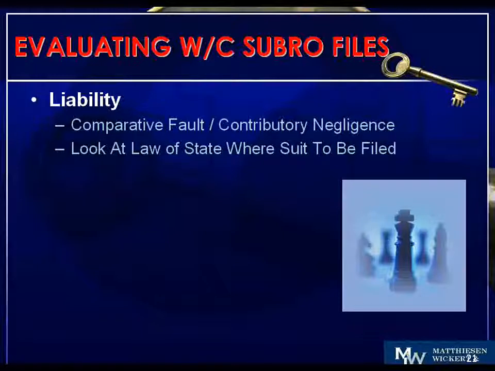So you look at the comparative fault. Is the state one of comparative fault or pure contributory negligence? If you're in Virginia or North Carolina or one of the other states where you have pure contrib, meaning that if the plaintiff is 1% at fault, he or she doesn't recover, then you have to take that into account, that full recovery may be less likely, and adjust your chess moves accordingly.